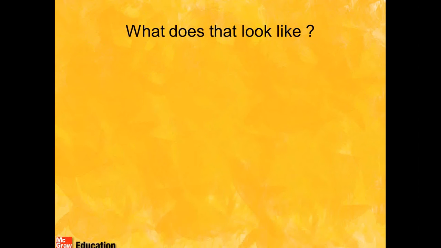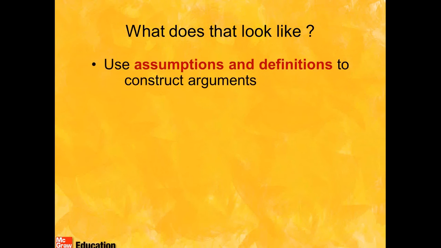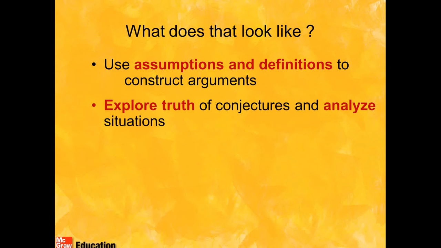As we look for students being able to critique the reasoning of others and construct arguments, what I want you to do is just think about here. What is it we're looking for? That mathematically proficient students begin to understand and use assumptions and definitions as a way of establishing or defining an argument.